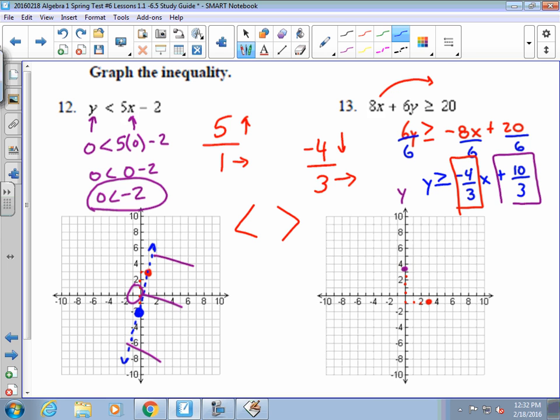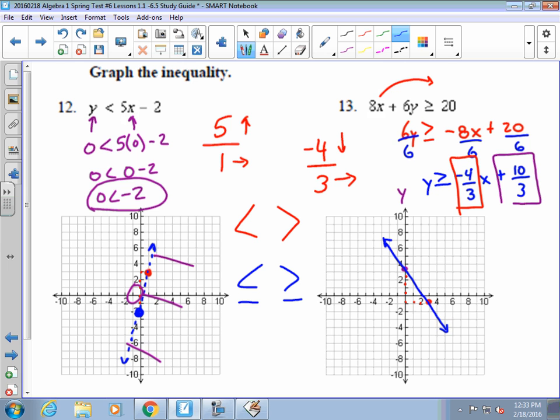If it says less than or equal to or greater than or equal to, you'll make instead a solid line just like an equation. Since this one says y is greater than or equal to, we're going to make a solid line through those 2 points. So just like you would a regular equation, you'll draw yourself a straight line through those 2 points. That's the first difference with inequalities, dashed or solid line.